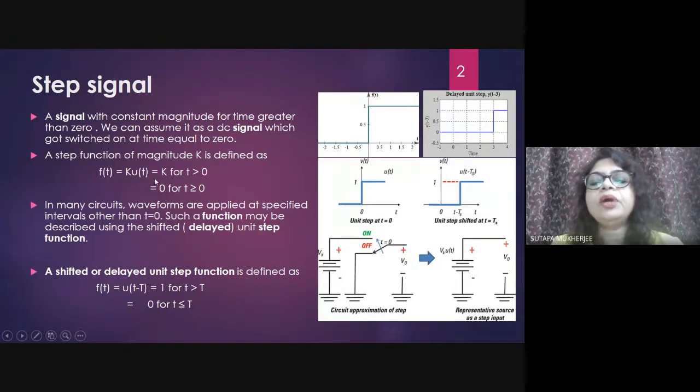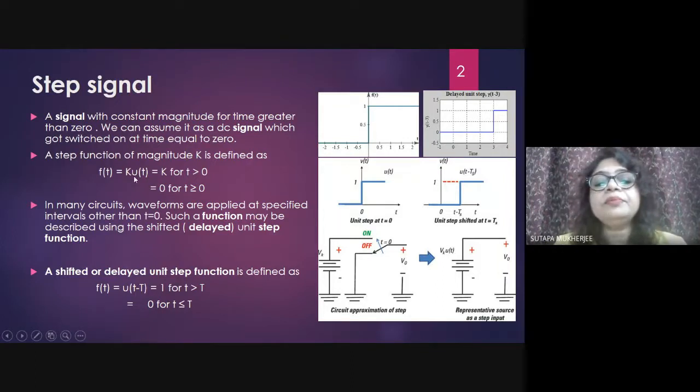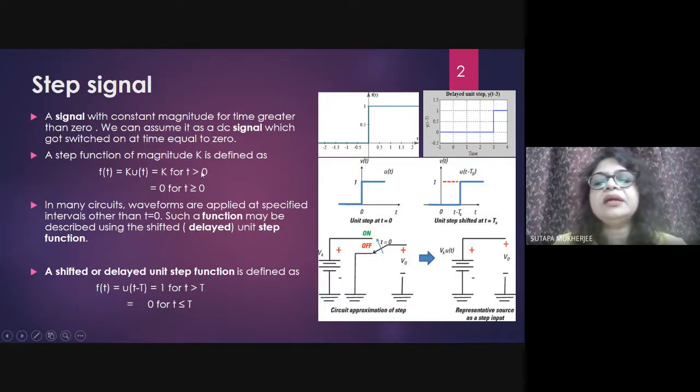K u(t). You may ask, ma'am, why am I putting u(t) here? Because the value is k. So what is the utility of u(t)? Because after putting the u(t), it means that it is a function of t. Okay. So for t greater than 0, and t equals 0, you will get the value that is equal to k. Here 1. K means some constant value.